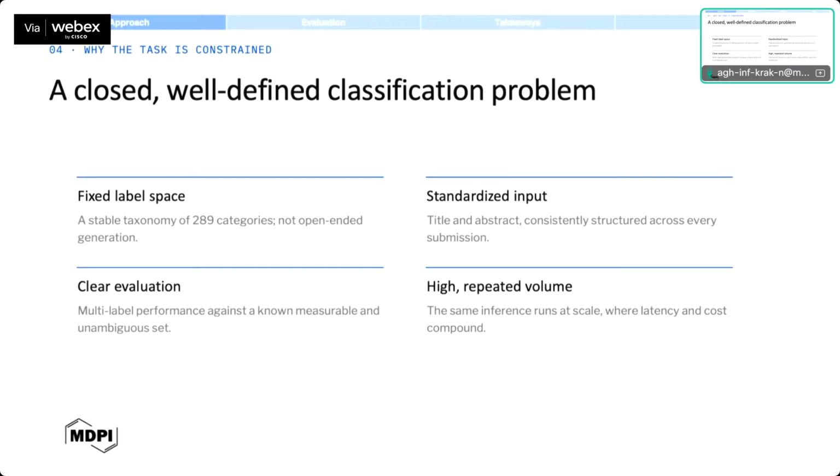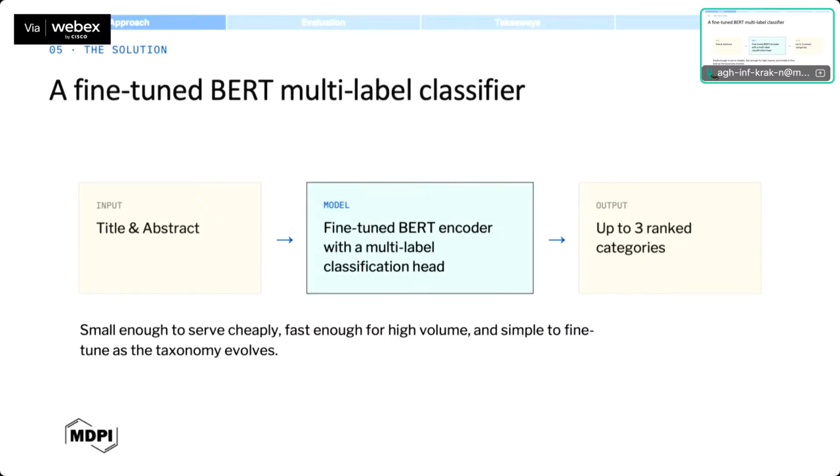And we can run this at a very large volume, or the intention is to run this at a very large volume. So one of the solutions is a fine-tuned BERT multi-classifier, and it's a very, very simple architecture. We have a title and abstract, we pass it to a BERT model with a multi-classification head, and we rank it up to 3 different categories.